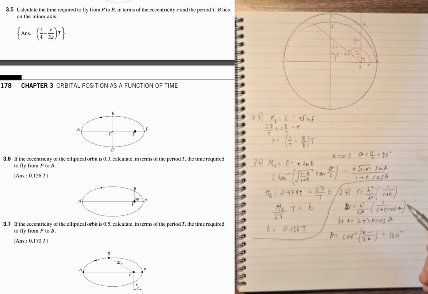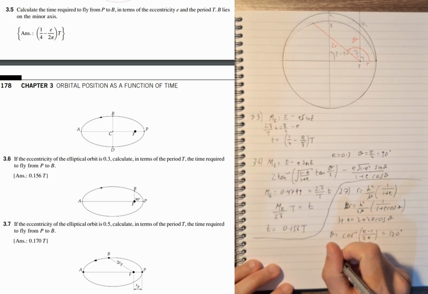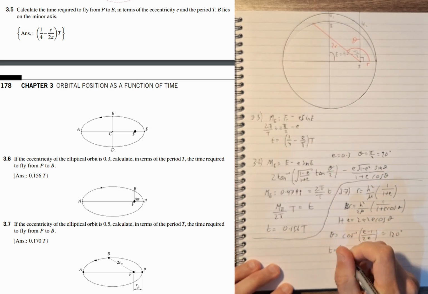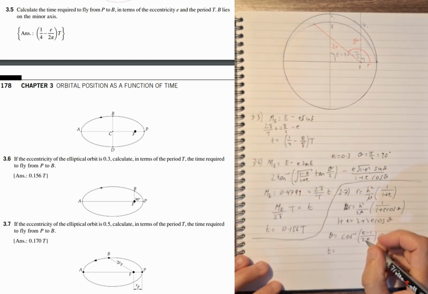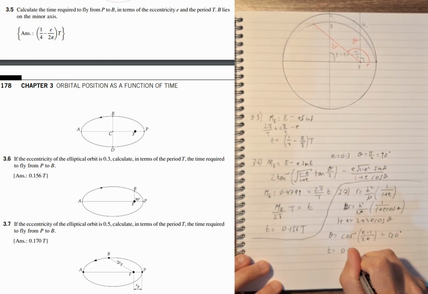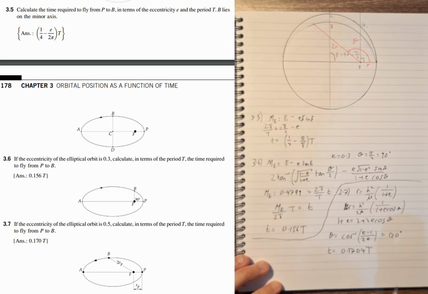And now that we have our theta, we can just put it back into this equation and do exactly the same thing. We end up with t equals 0.1704 T.